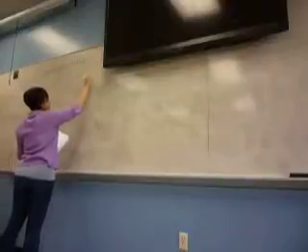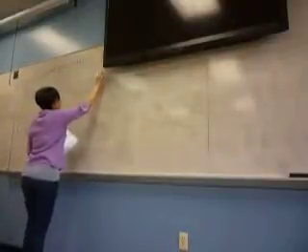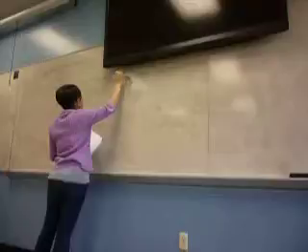First of all, let's look at a general method that we can use to get the distribution of the sum of two independent random variables. Let x and y be independent random variables.